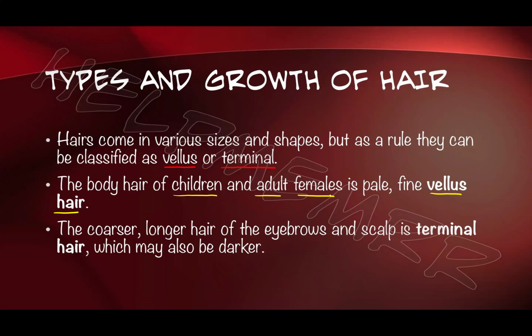That's vellus hair. That's not terminal hair. Terminal hair is darker, thicker: eyebrows, scalp, throughout the whole body. The vellus hair is going to be that fine, fine baby hair. We call it baby hair.